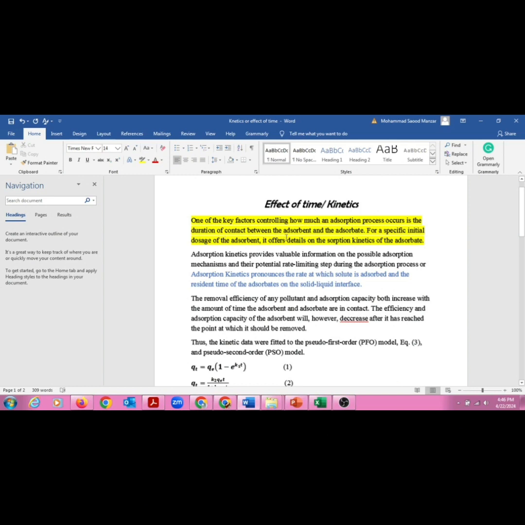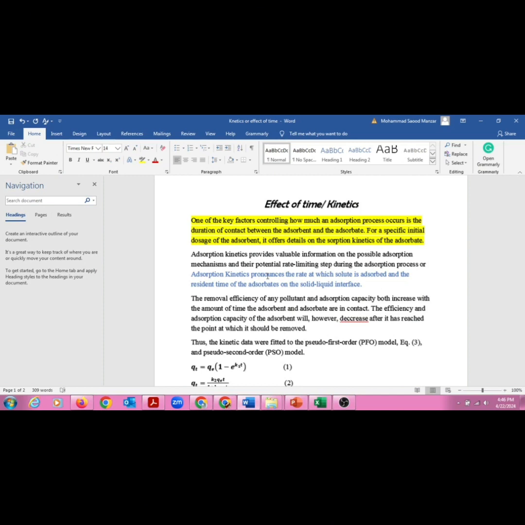It provides details on the adsorption kinetics of the adsorbate. The adsorption kinetics also provides valuable information on the possible adsorption mechanism and the potential rate limiting step during the adsorption process. Adsorption kinetics also describes the rate at which the solute is adsorbed and the residence time of the adsorbate at the solid liquid interface.